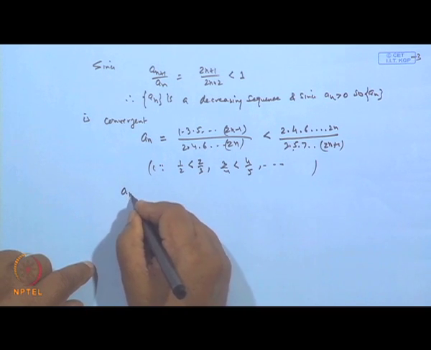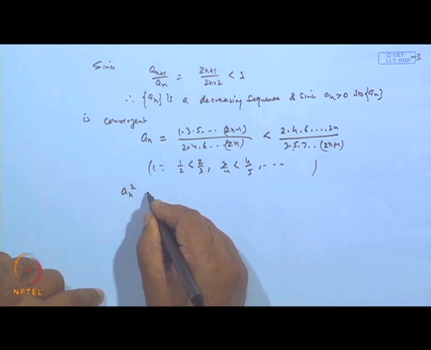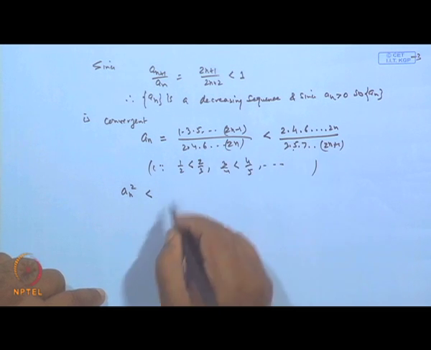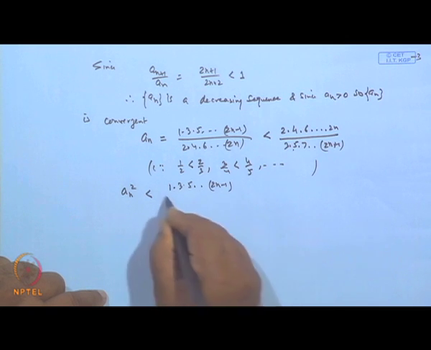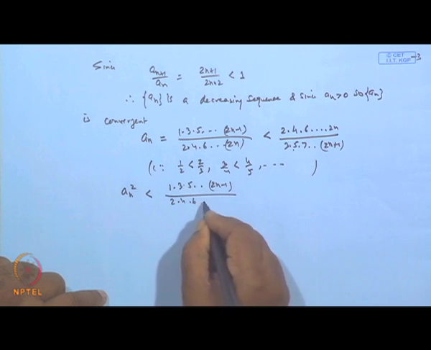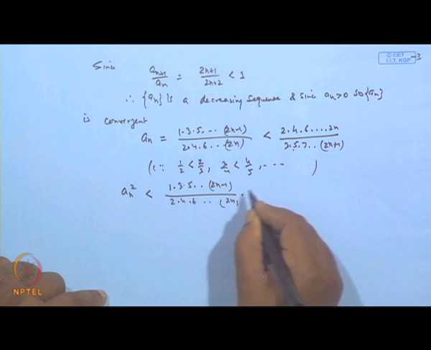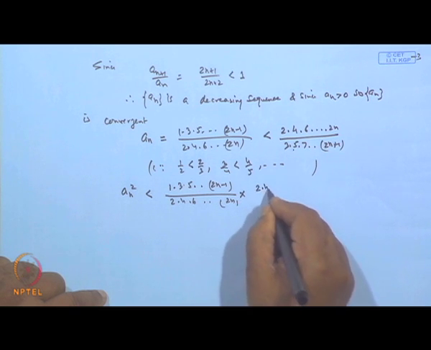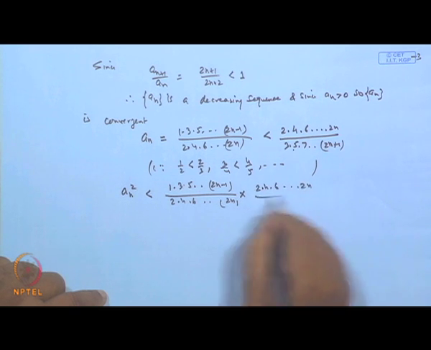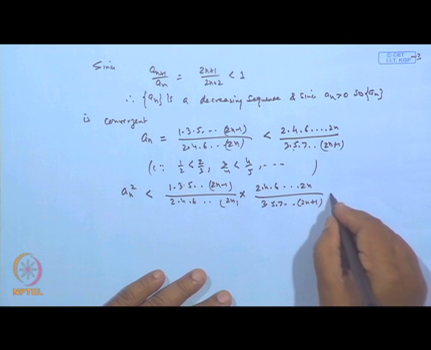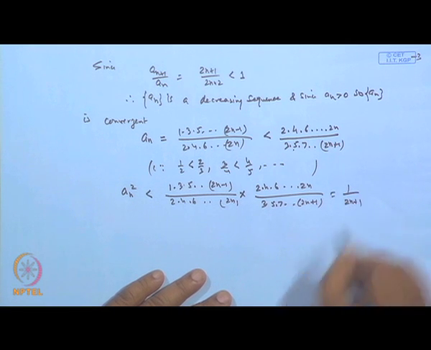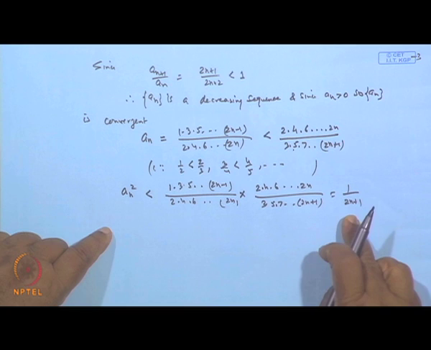So a n square will be less than the product of these two, 1 3 5 up to 2n minus 1 over 2 4 6 up to 2n, into the product of this, 2 4 6 up to 2n divided by 3 5 7 up to 2n plus 1, and that comes out to be 1 over 2n plus 1. So a n square is less than 1 by 2n plus 1.